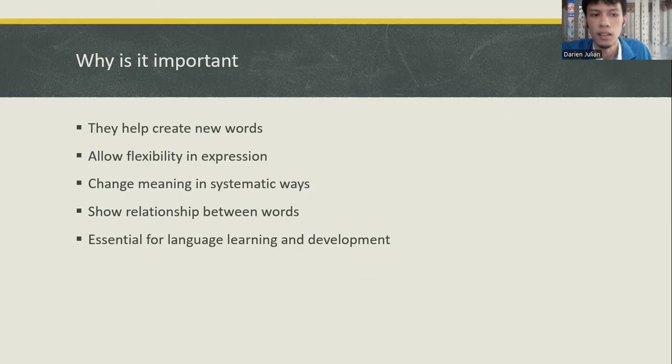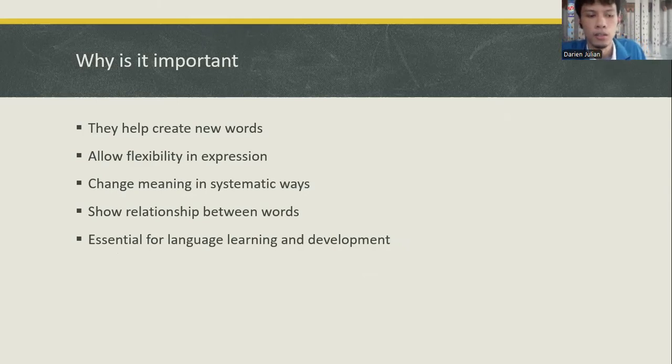The third is to change meaning in systematic ways. Derivational morphemes allow us to add meaning, for example re or pre, or change meaning in predictable patterns. This helps speakers understand new words even if they've never heard them before.